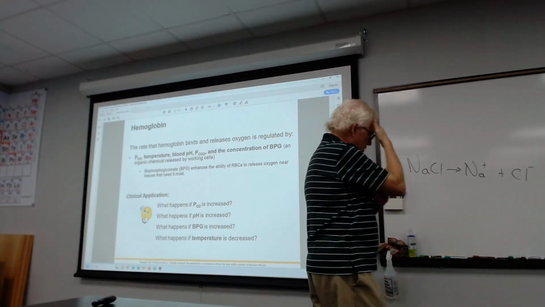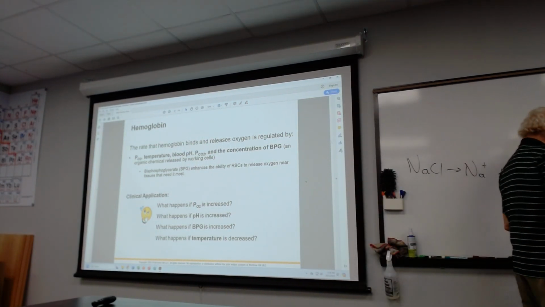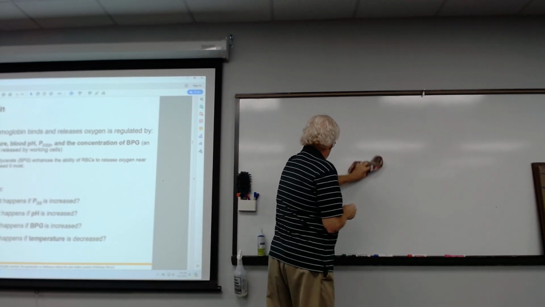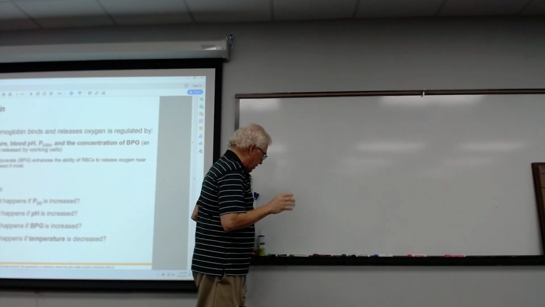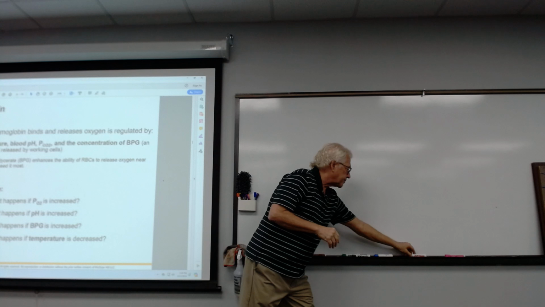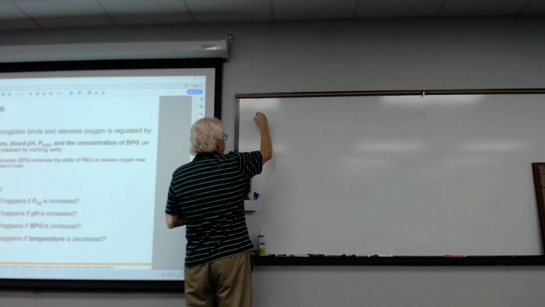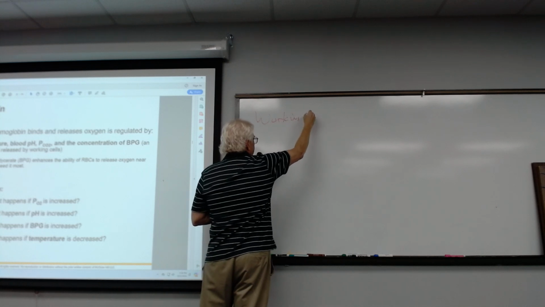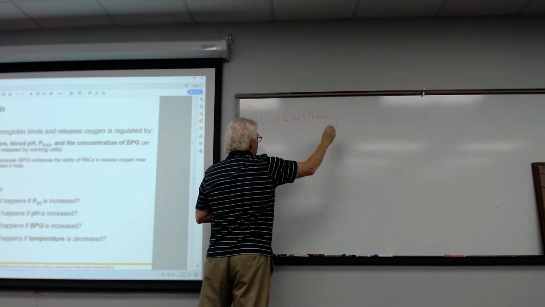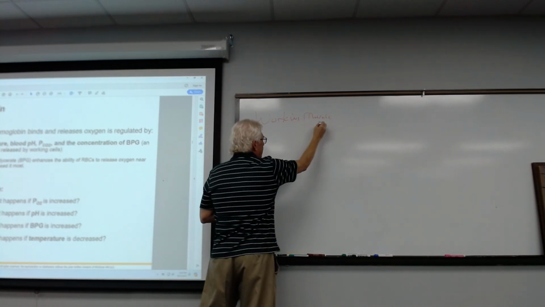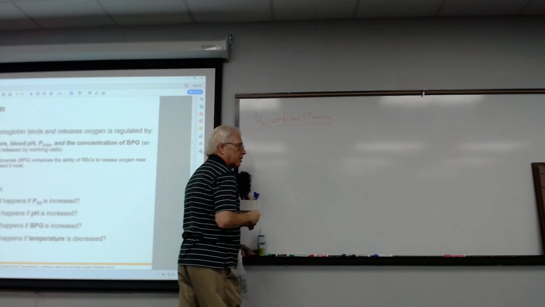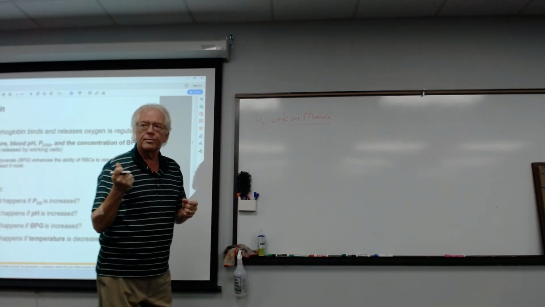All right? I'm going to draw something real quick on the board, and I want to do half of it. I'm not going to do the whole thing because that's on the other video. This is, I'm going to call it, working muscle. Okay? Now, in working muscle, what do I want oxygen to do?